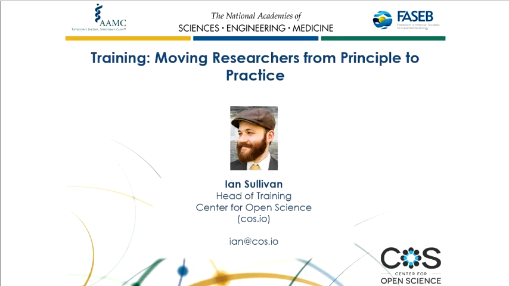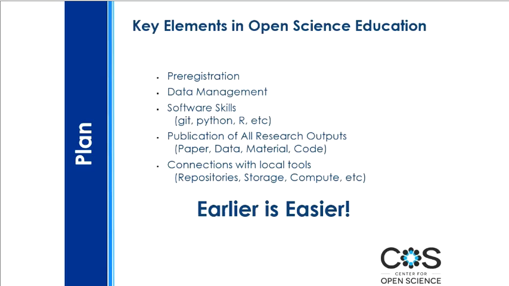Hi, everyone. I spend a lot of time traveling around to different research universities talking about open science, and I will say that those poll numbers sound about right to me. One thing that it's worth addressing right at the beginning is what exactly constitutes open science training.